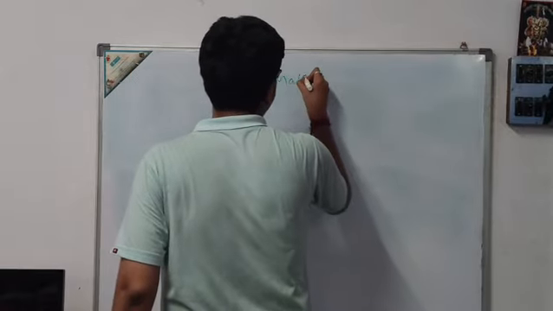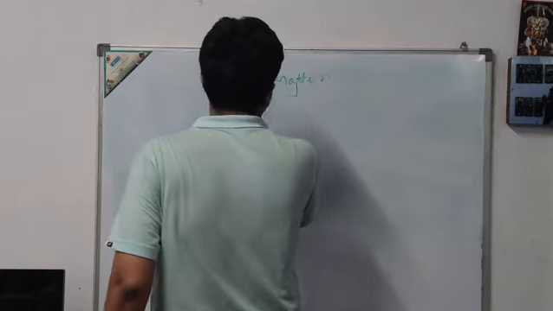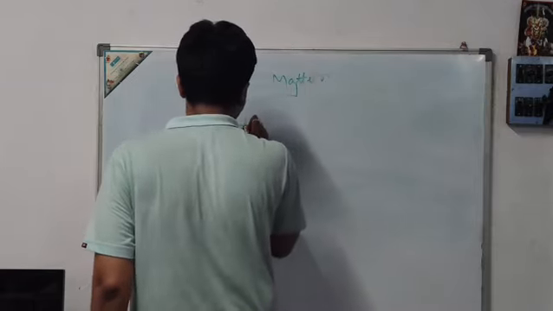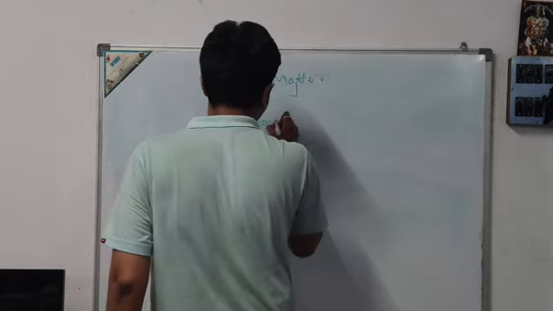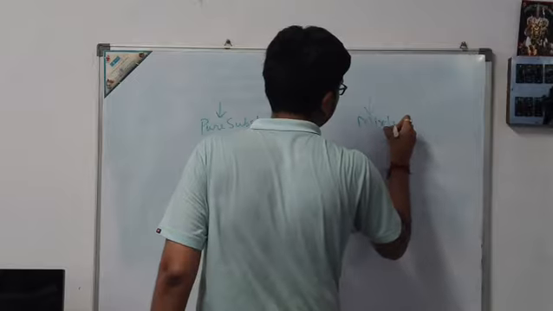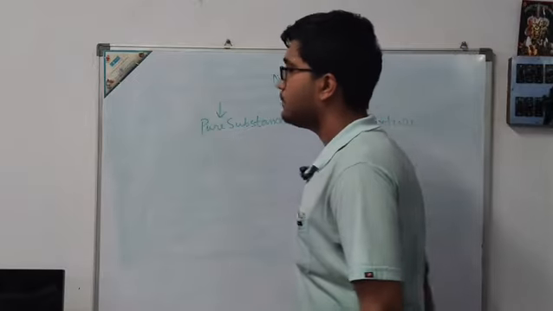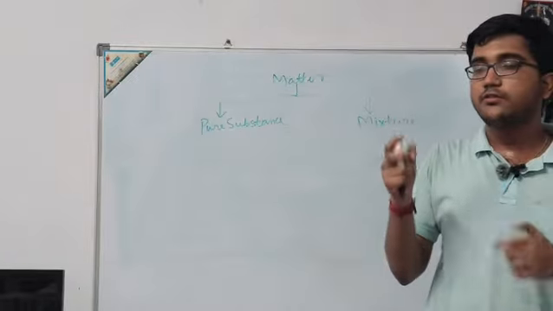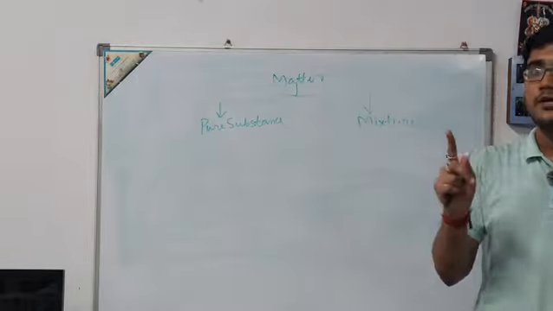So matter can be classified chemically into two categories, the pure substance and the mixture. What are pure substances? Pure substances are substances that consist of only one type of compound or one type of element.